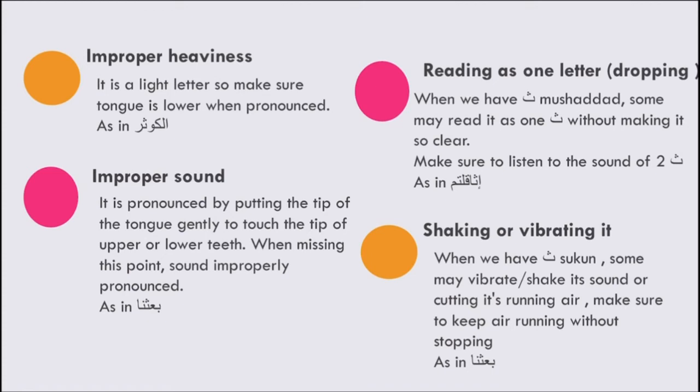The third mistake is reading it as one letter if it is two letters, if it is mushaddad, and even dropping the sound of a Tha if we have a Tha sukun, for example. So when we have Tha mushaddad, some may read it as a single Tha without making it clear, without making the sound for two Tha, like ithaqaltum.